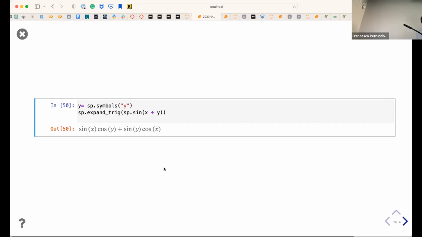You use expand, and it gives you the addition theorem for the sine and cosine. We could practice every formula in every trigonometry book and it will work, but this is more about showing you what is easy to be done. And when you need it, you use it.